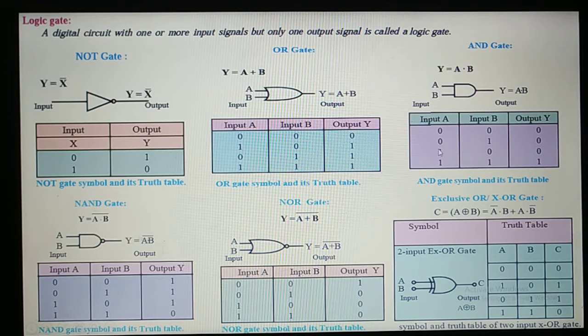So here 0 0 gives 0, 0 1 gives 0, 1 0 still 0, 1 1 is only 1. Simple. So it totally depends on you. There will be 2 to 3 definitions for each and every truth table, like AND, OR, NOT, NAND. Whatever you feel comfortable with, you can go with that. Here in OR also we can say that if both the inputs are low, then only the output is low, otherwise it is high.